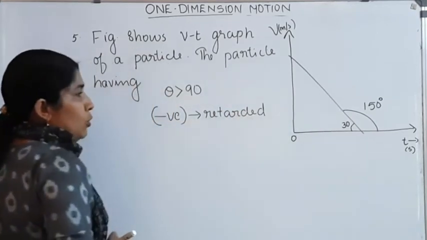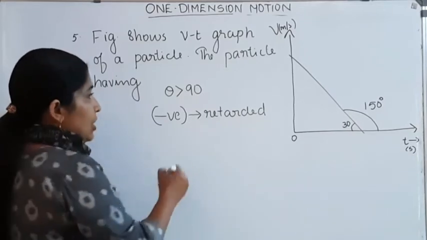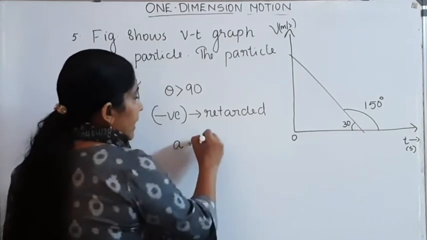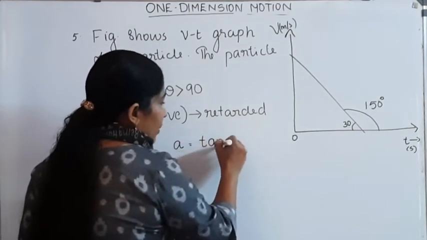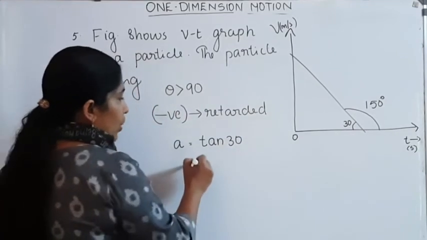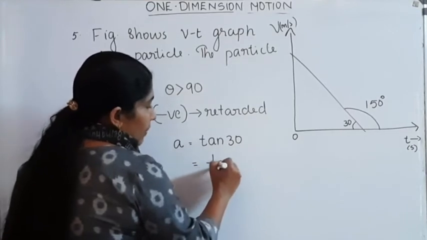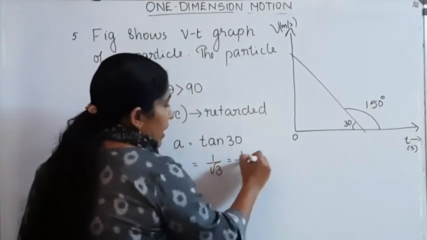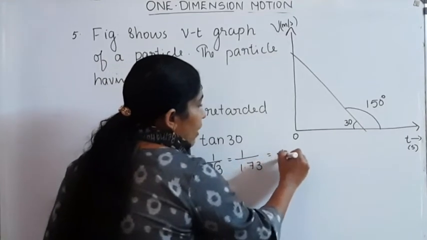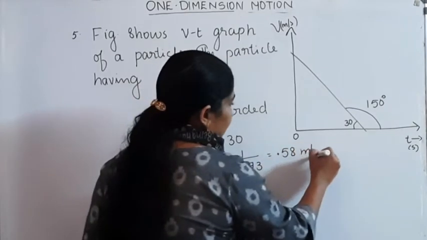Okay, retarded motion. And what about the acceleration of this particle? Acceleration of the particle is equal to tan 30, or by using tan 150 we can calculate that value. Tan 30 is equal to 1 by root 3, that's equal to 1 divided by 1.73, that's equal to 0.58 meter per second square.